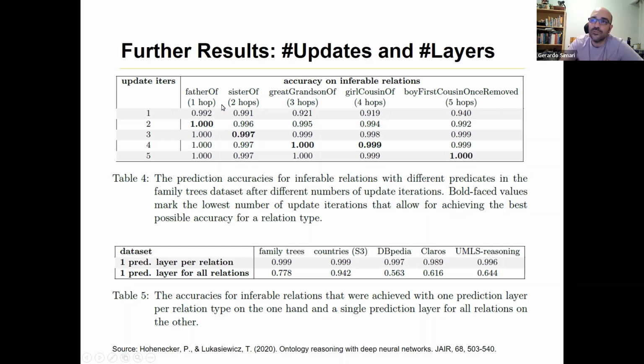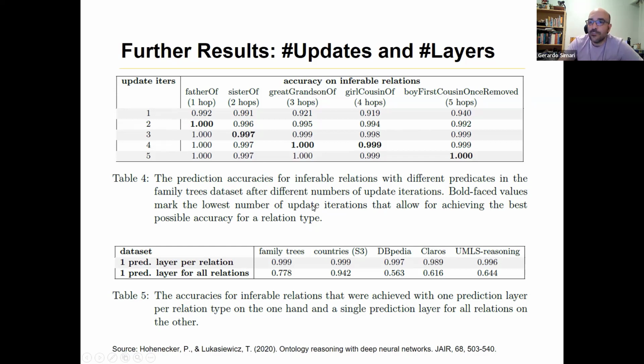So for father, it's just 1. For sister, it's 2, because you have to go up to the parent and then go down and check that it's female for the sister. Great grandson, up to 5 hops, and this maps quite directly to the number of update iterations that they have. So it's kind of like a validation of that.